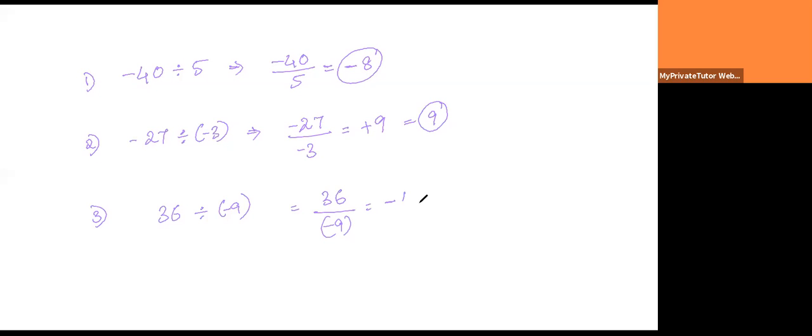So 9 4s are 36. So we already know if both are positive, it's straightforward. You can see that both are positive. You can just divide. So this is how division and multiplication work. Hope it clears to everyone. If you have any questions, we'll discuss.